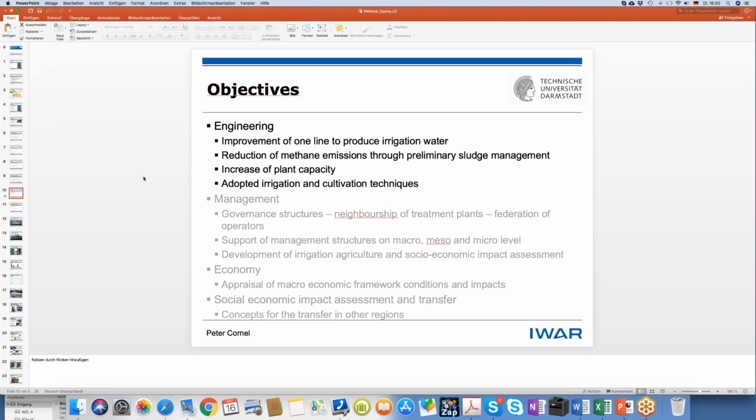It reduces also methane emissions through preliminary sludge management, which is one point in looking at climate adaptation, or in this case, climate noxious gas reduction. We want to increase the plant capacity and adopt irrigation and cultivation techniques.